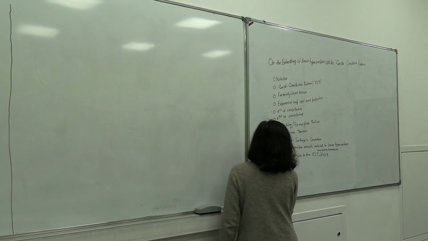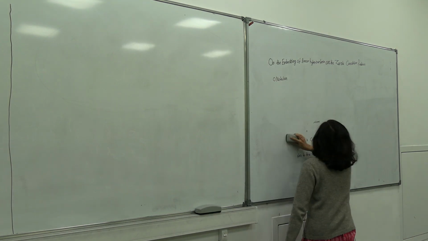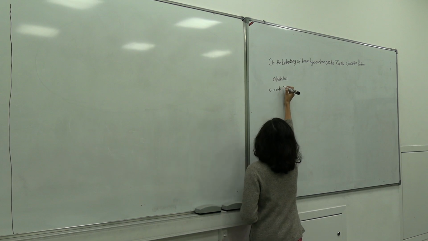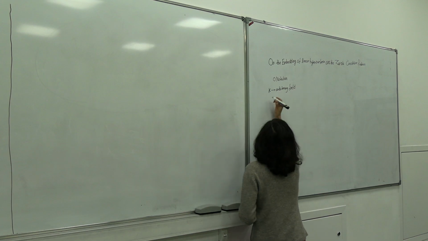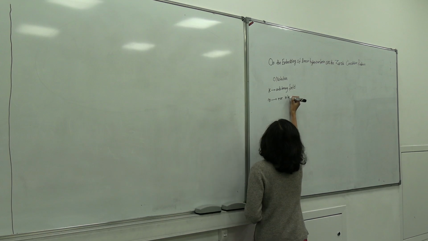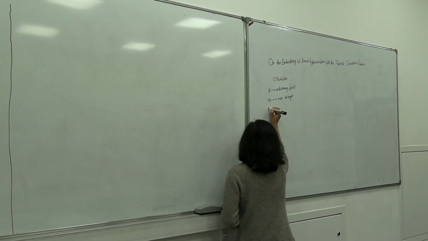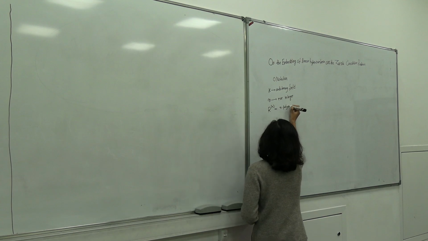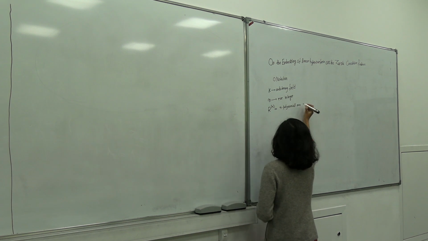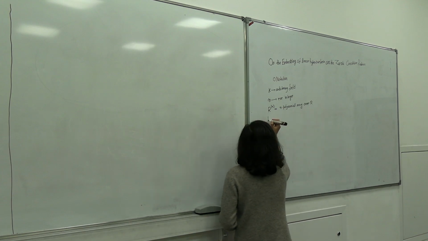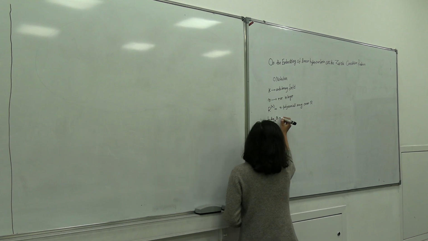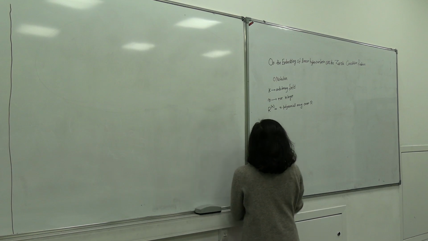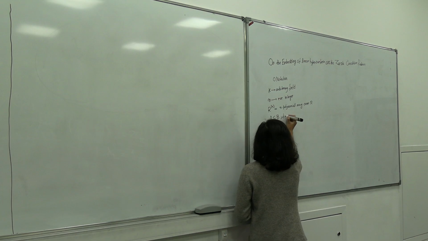So let us begin with notations. First, K will always denote an arbitrary field unless stated otherwise. n will always be an arbitrary positive integer, and we will write R[n] to denote the n-variable polynomial ring over R. Then there is another notation, the transcendence degree of A over B. Here A contained in B, both domains.